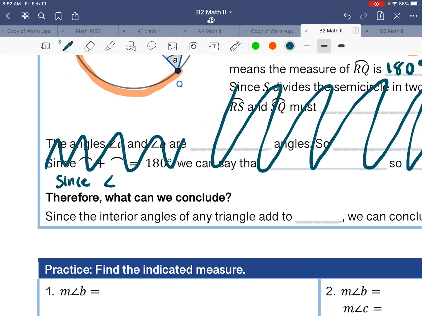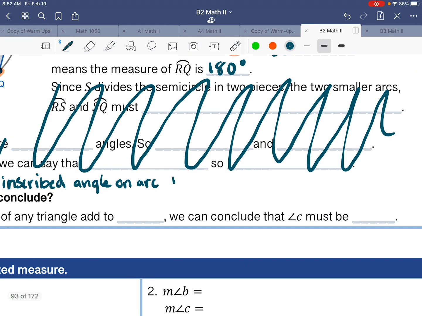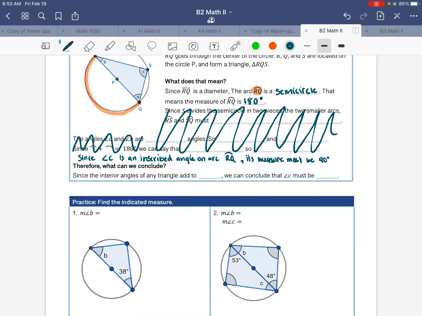Since angle C is an inscribed angle on arc RQ, its measure must be 90 degrees.